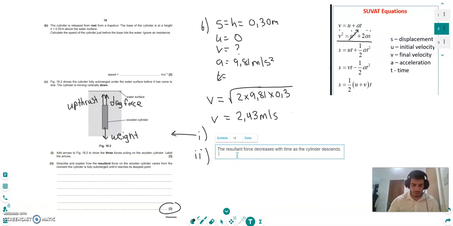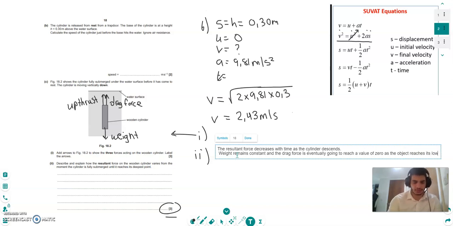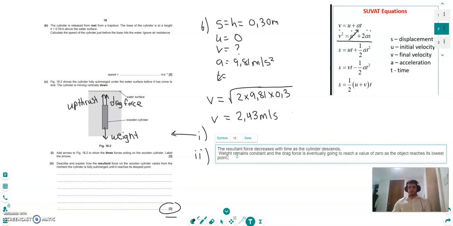And the second point would be to make a few statements: that the weight remains constant, and the drag force is eventually going to reach a value of 0 as the object reaches its lowest point, meaning that when the object reaches its lowest point, the velocity of the object would be 0.